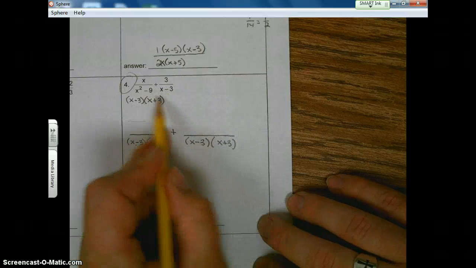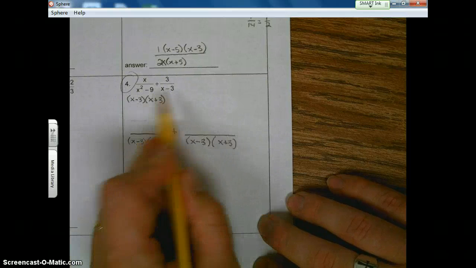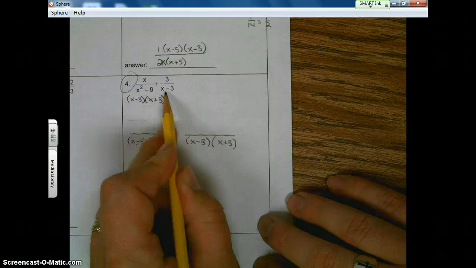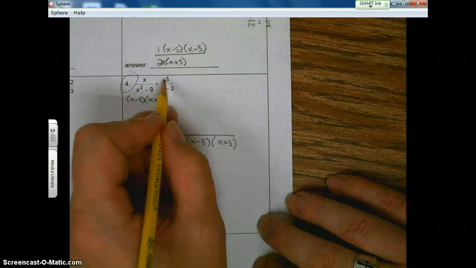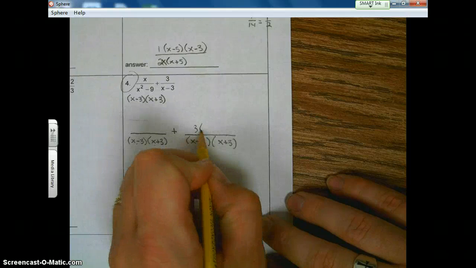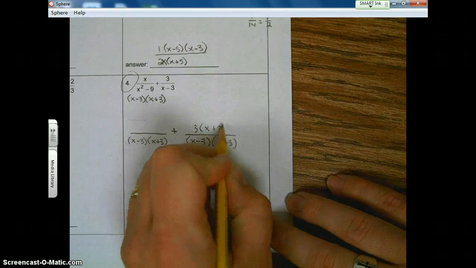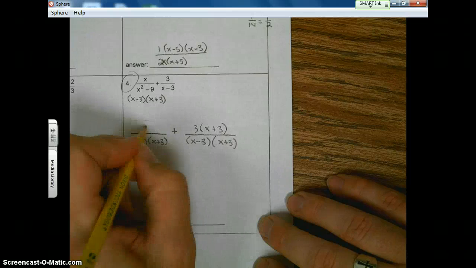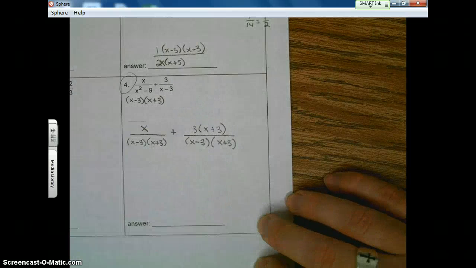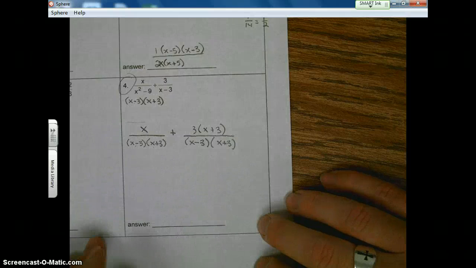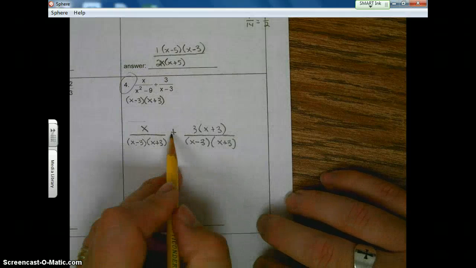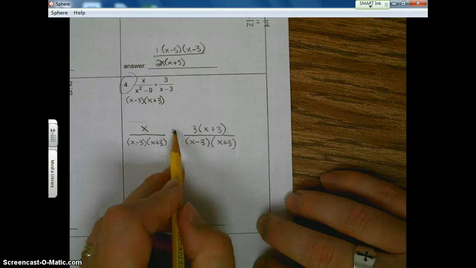Does this denominator have something that this one needs? Yes, it has an x plus 3. So the numerator will also need an x plus 3. This denominator didn't need anything, so the numerator stays the same. Now here's where people are getting confused. We're adding, okay? Adding.